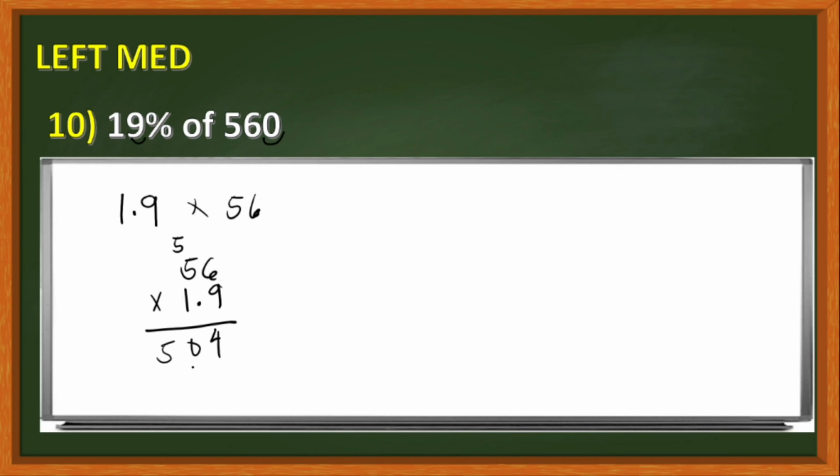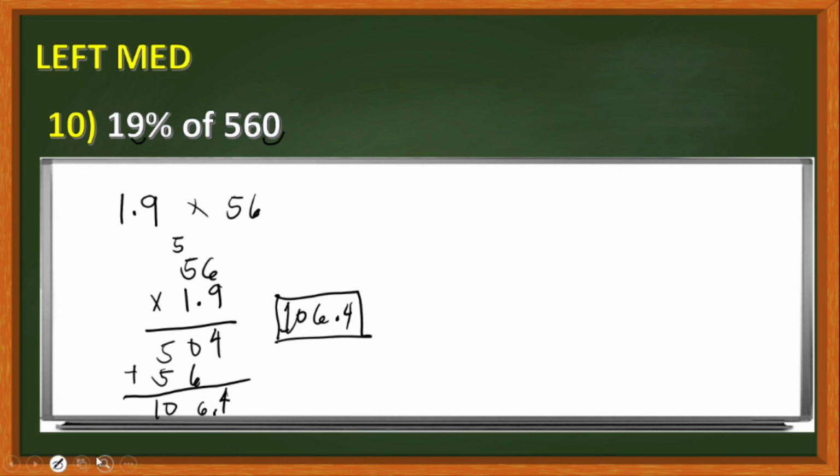Then 1 times 6, the answer is 6. 1 times 5, the answer is 5. So then add. 4, 6, 5 plus 5 is 10. Then count the number of decimal places. We have 1. So the answer is 106 and 4 tenths. This should be the answer.